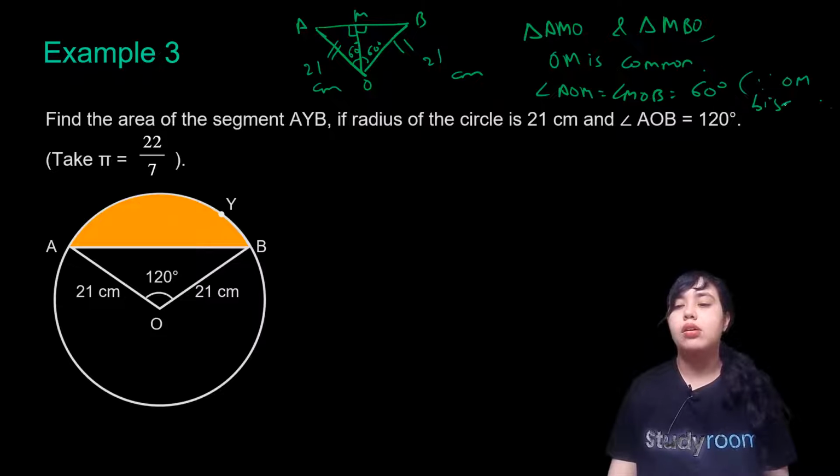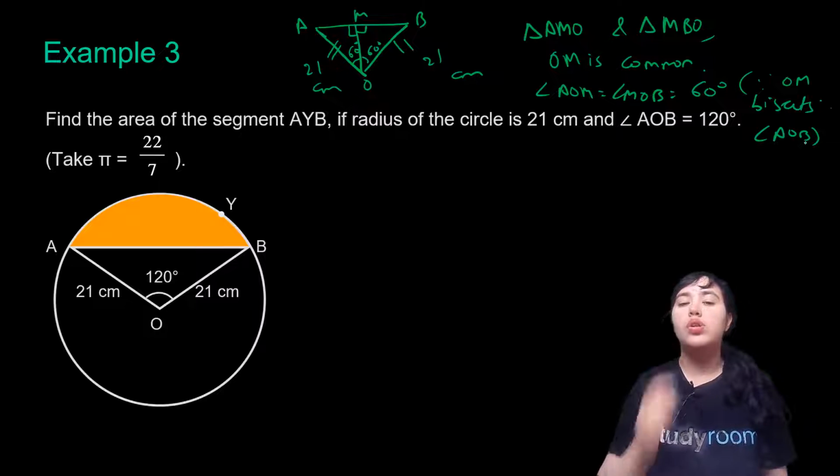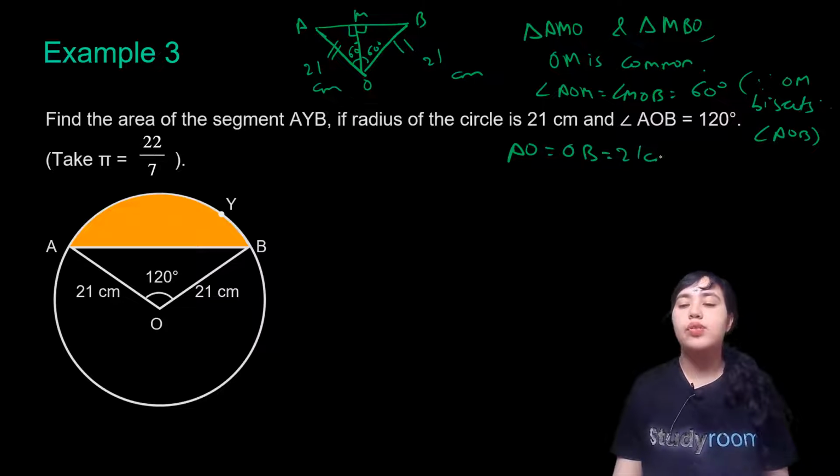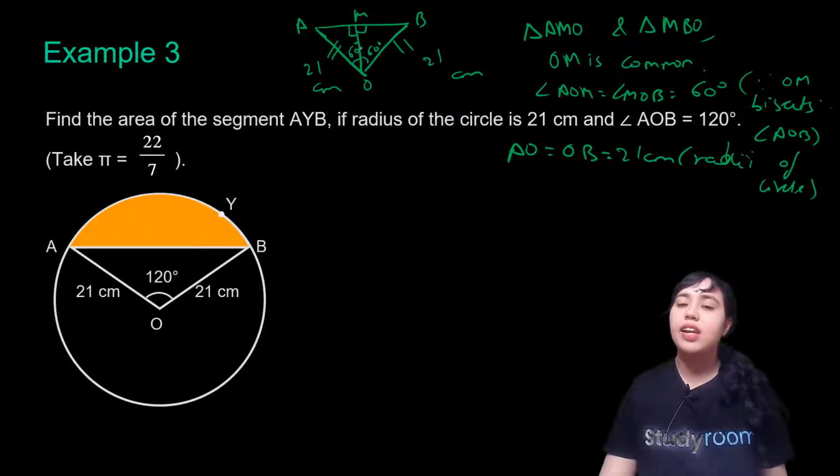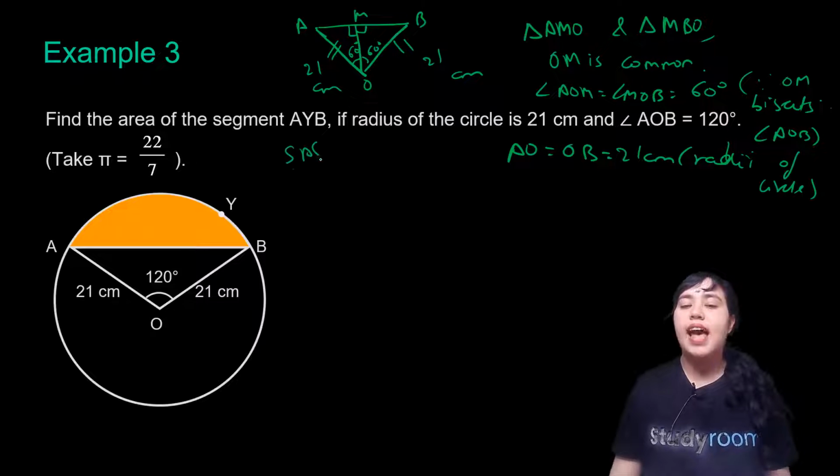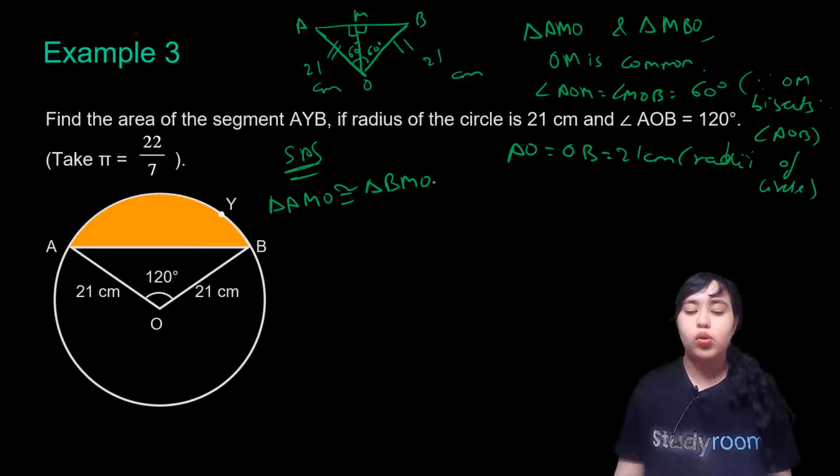Now look at AO and OB. What can we say about them? They are also equal to 21 centimeters because they are radii of the circle. So if you notice, I have one side, the angle, and then another side. So by the SAS axiom, we can say that triangle AMO is congruent to triangle BMO.